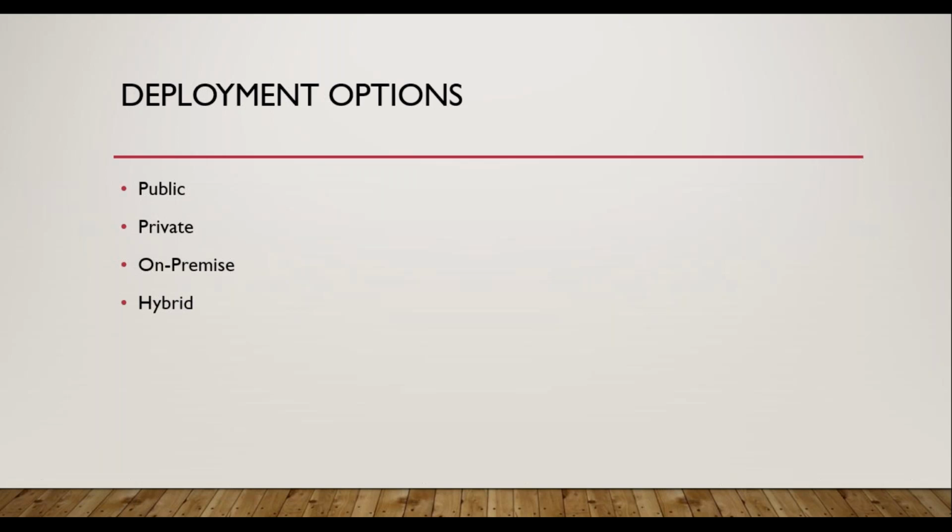Some of the sensitive data they keep in their in-house applications, and some of it they keep outside their premises, that is, in the cloud. So these are the basic differences between public, private, on-premise, and hybrid.